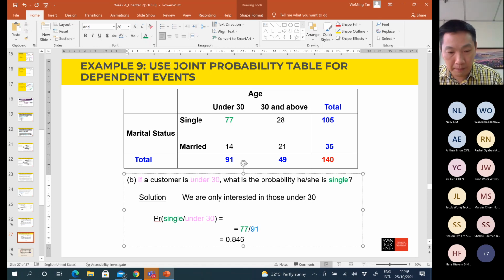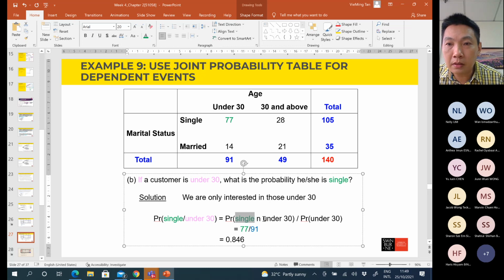This means P(single intersect under 30) divided by P(under 30), where intersect we write with the symbol ∩. So the equation means this.